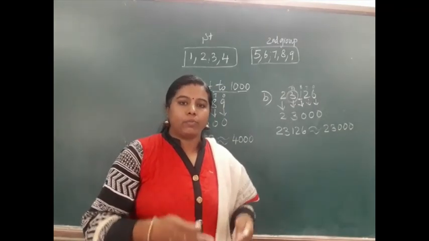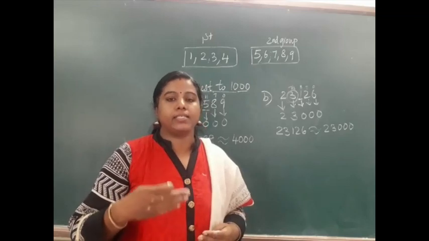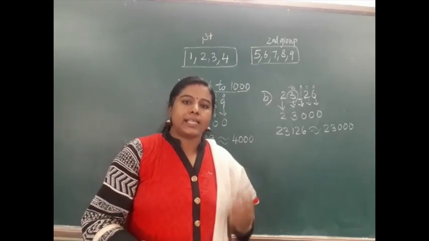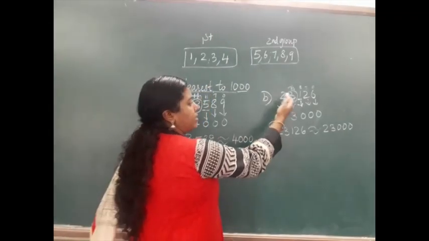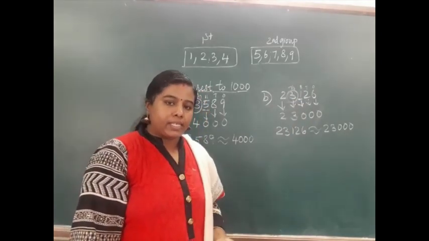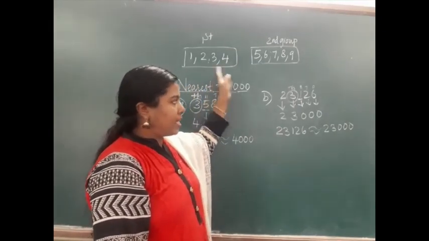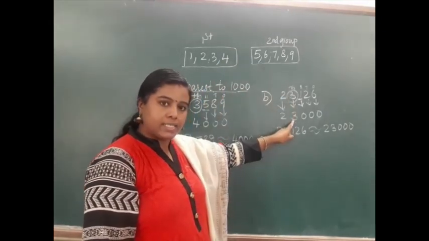I will repeat the steps one more time. The first step is circle the digit in the given place. The second step is underline the digit to the right of it. And the third step, if the underlined digit is in the first group, write the circled digit as it is.